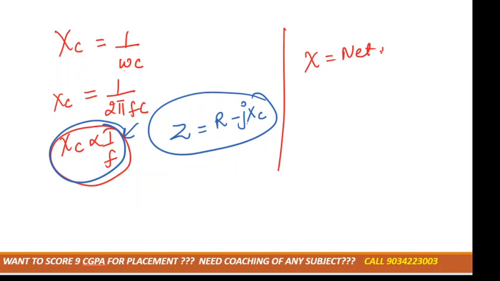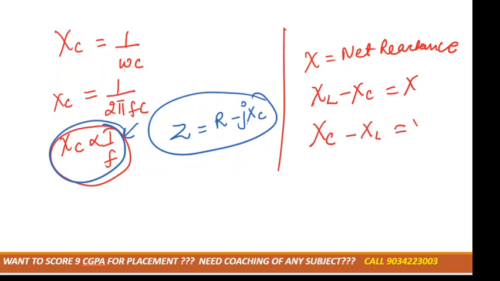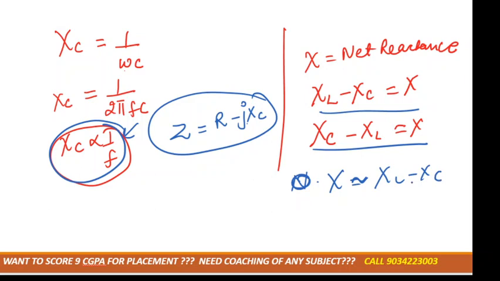Now the next graph we need to draw is the net reactance, or we can say total reactance. What is total reactance? If XL is greater than XC, then we consider XL minus XC, right? If XC is greater than XL, then we consider XC minus XL. So net reactance, the total reactance, we mark approximately as XL minus XC.